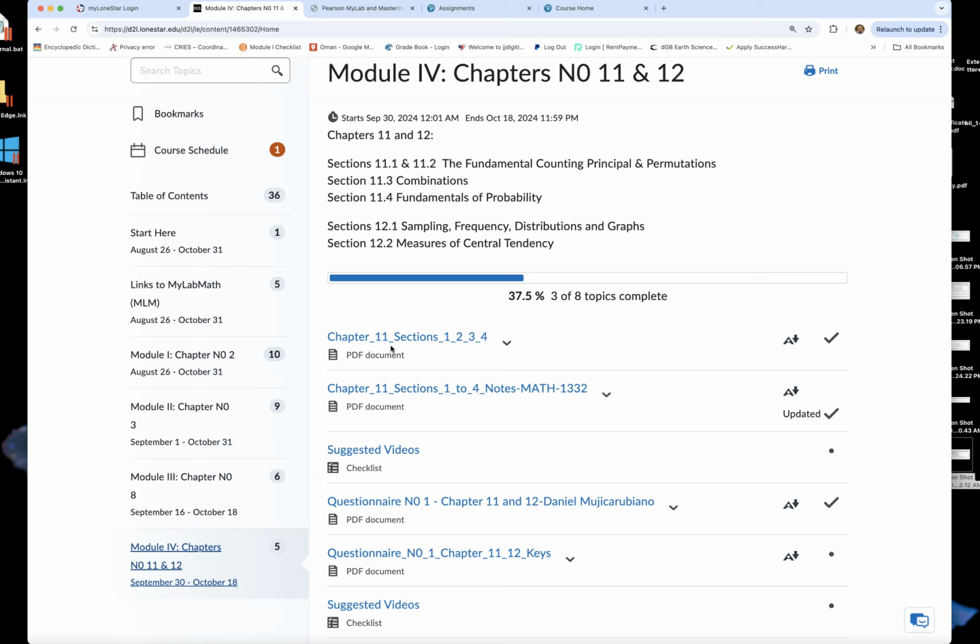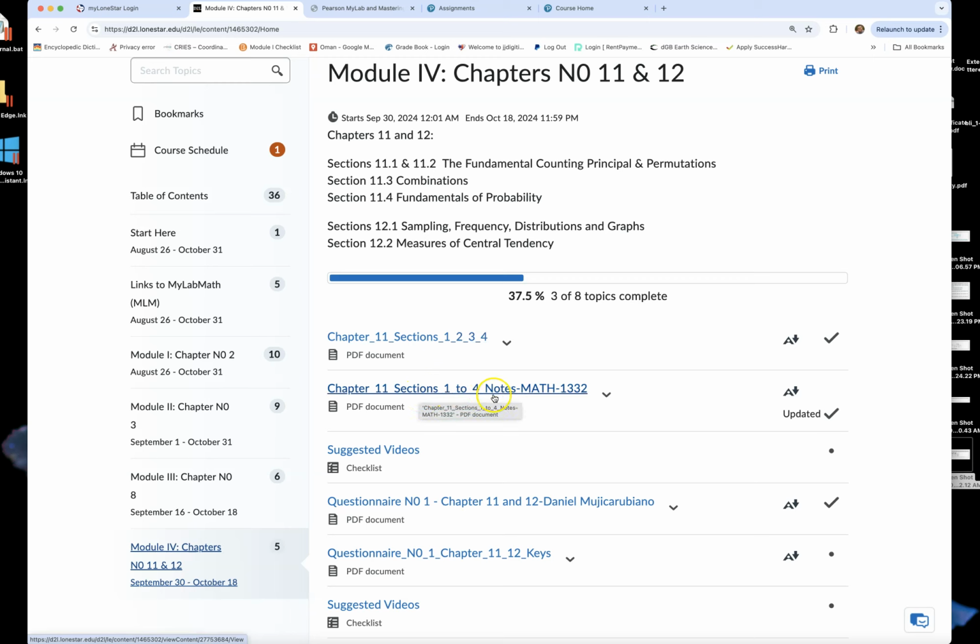My suggestion is, between today, Monday, and Wednesday, try to go through the material for sections 1 and 2 from chapter 11, and then for the rest of the week the material for sections 3 and 4. That's my recommendation, but you can go at your own pace. Don't worry about it.